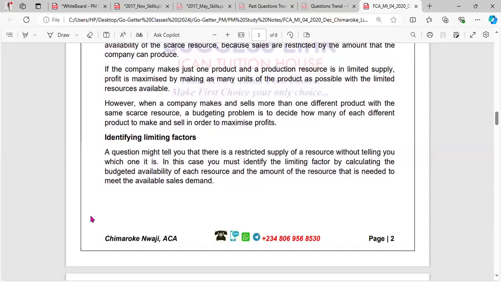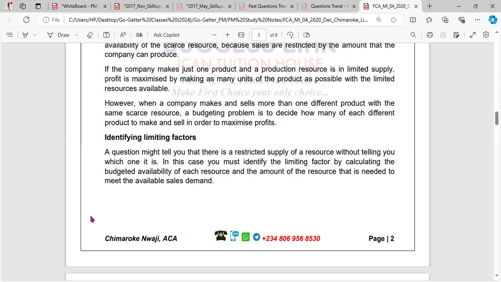Now, identifying the limiting factor. A question might tell you that there is a restricted supply of a resource without telling you which resource is the limiting factor. It can tell you that machine hours is the limiting factor, and you have three machines, so you don't know which of these three machines, machine A, machine B or machine C, is the limiting factor.